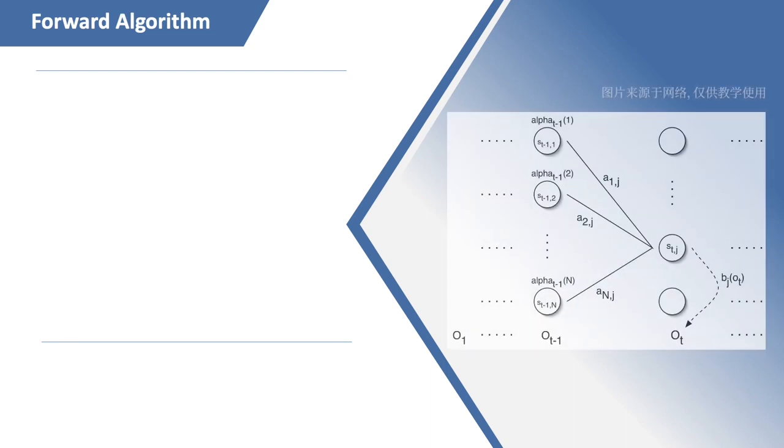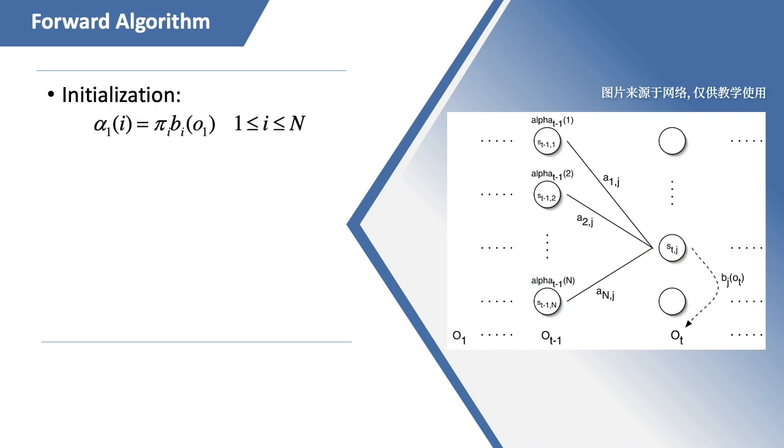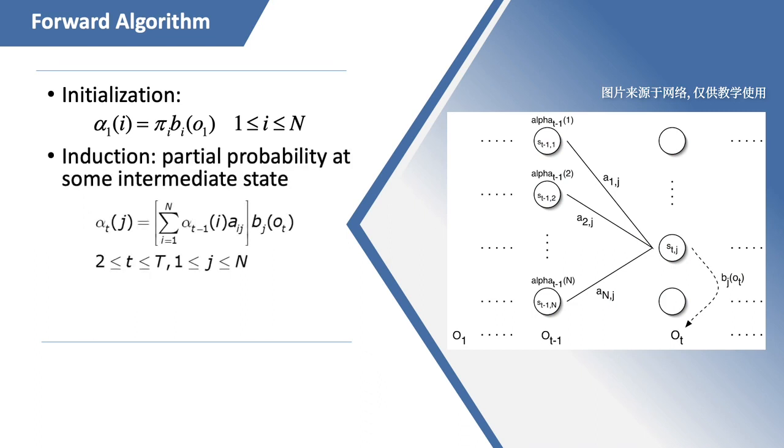The forward algorithm has three steps. The first step is initialization of the forward probability. The second step is induction for alpha t(i), which is a partial probability at some intermediate state.